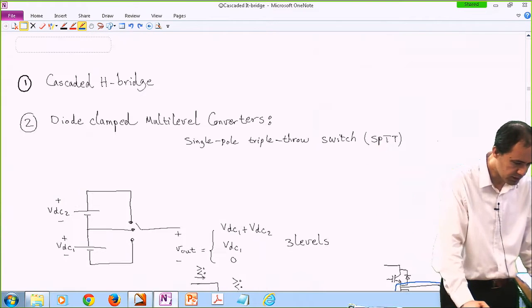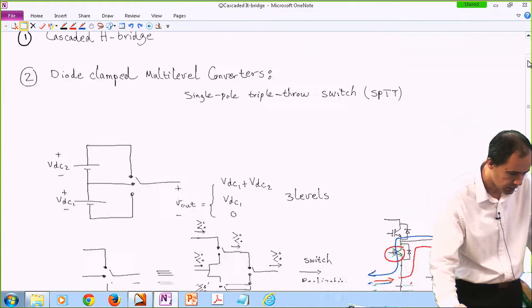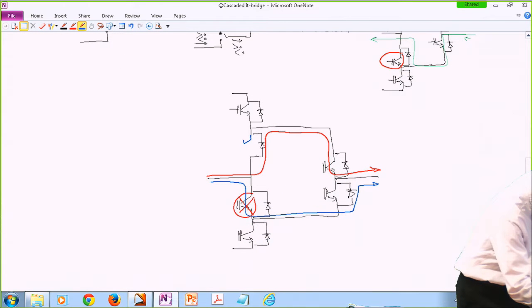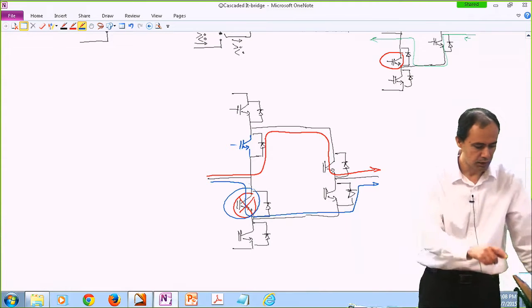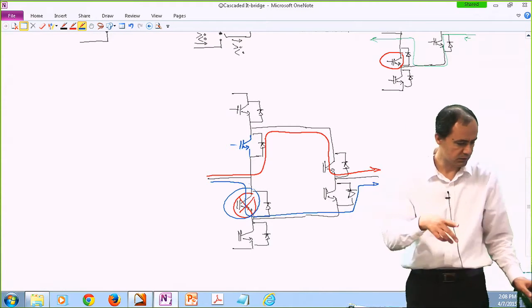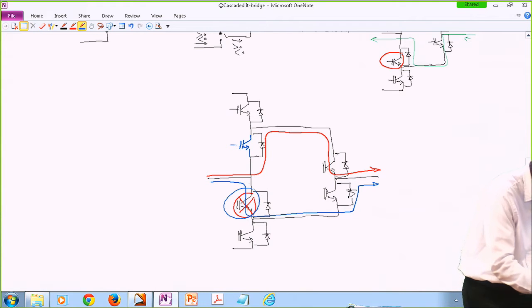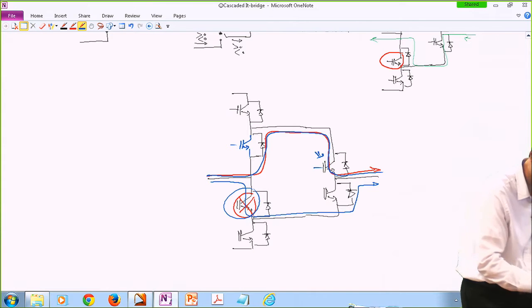Because of the redundancy that I just talked about, we realize that we don't really need this switch over here, and we don't really need this bottom switch over here either. For instance, if you want to have the middle throw engaged, you basically have a switch over here, so you turn this switch on, and the conduction of the current is going to be like this.